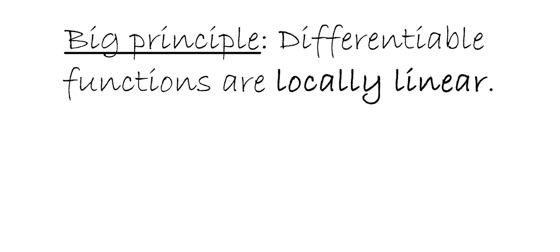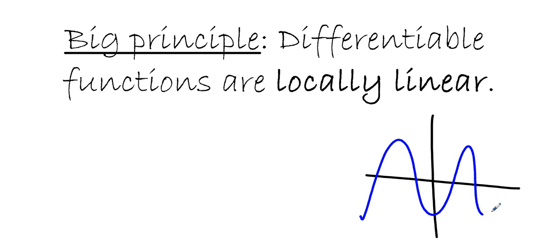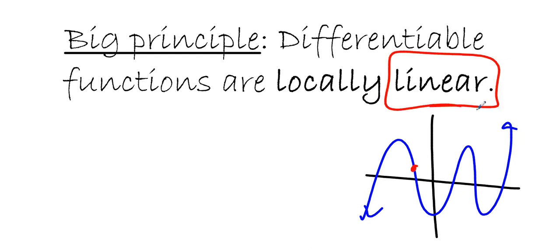So you graph some curvy function. Doesn't matter what that thing is, anything will do. And then you pick some special point on that curve and just zoom in over and over and over again. Just keep zooming in. And eventually what you get is a line.